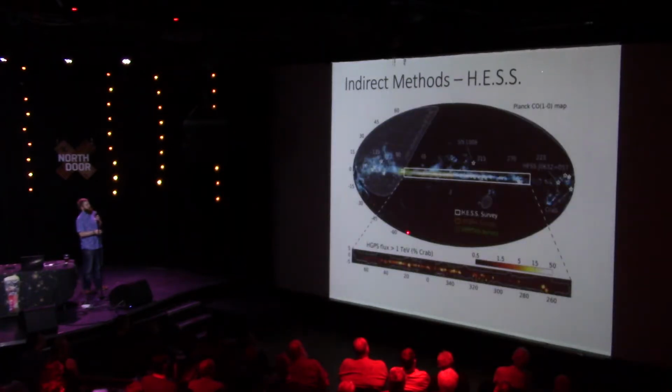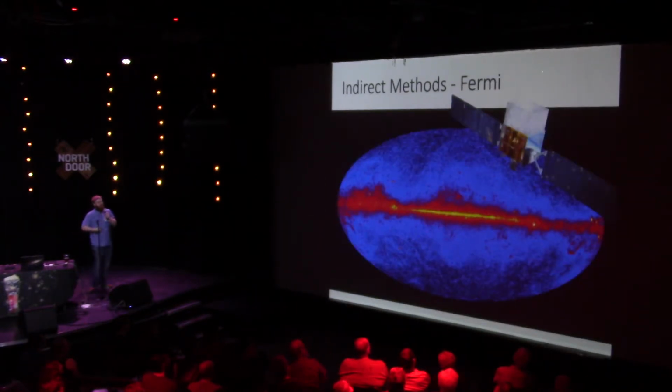You can look back to this one: this is it in carbon monoxide, and this is it in gamma rays. The gamma rays are tracing where the cosmic rays are hitting this cold and dense gas, shattering it and creating gamma rays. Those gamma rays then travel through the rest of the galaxy to come to the Fermi telescope.